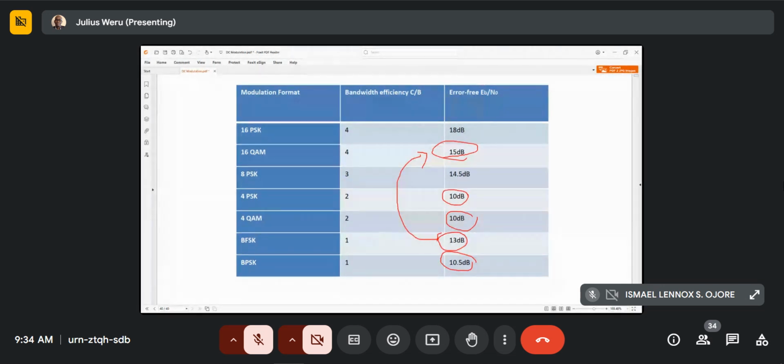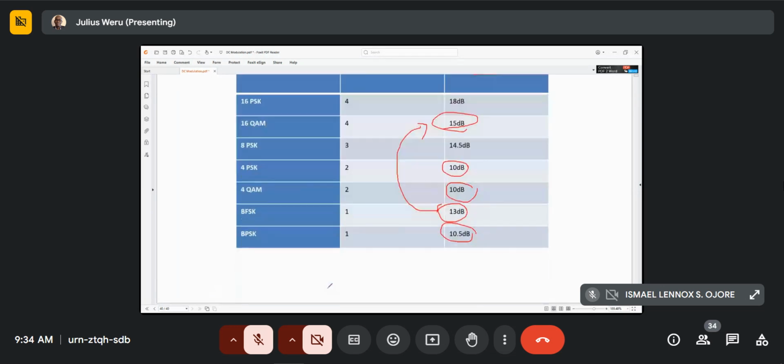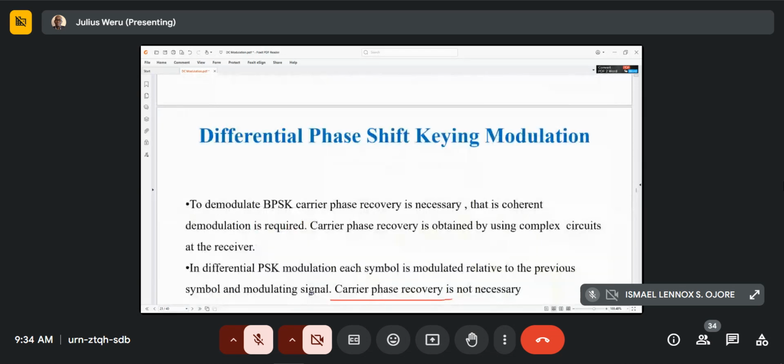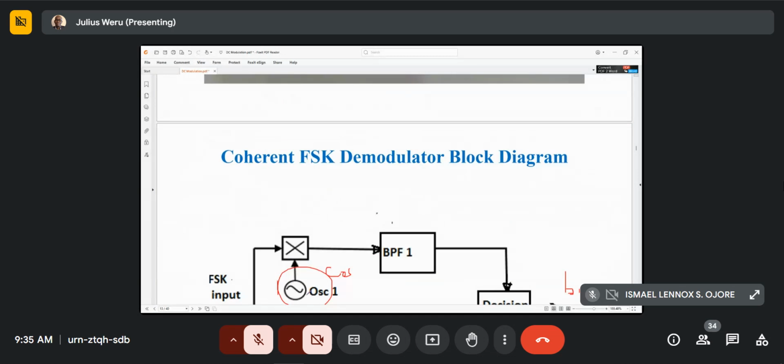We're using that because this is a very common metric when it comes to digital communication. That is the energy per bit, divided by N0, which is the noise. So that is all about digital modulation. Do you have any questions on this one?